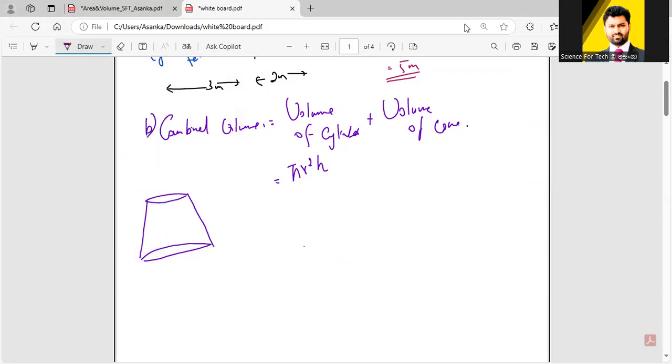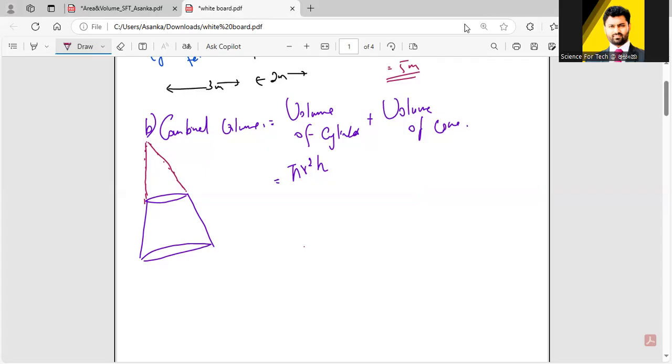A cone which is made by removing a conical shape. That means this part has been removed. So how do we find the volume of this truncated part?